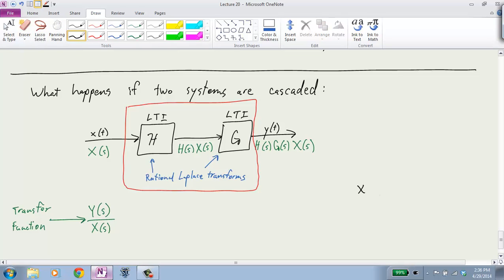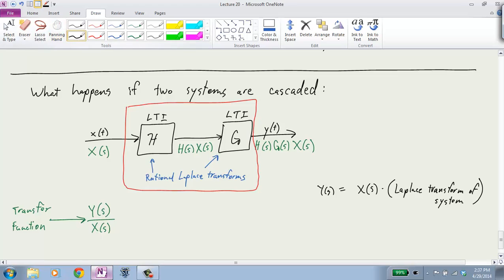If y of s equals x of s times the Laplace transform of your system, then if you rewrite this, take the x underneath the y, the Laplace transform of any system is this ratio of y of s to x of s.